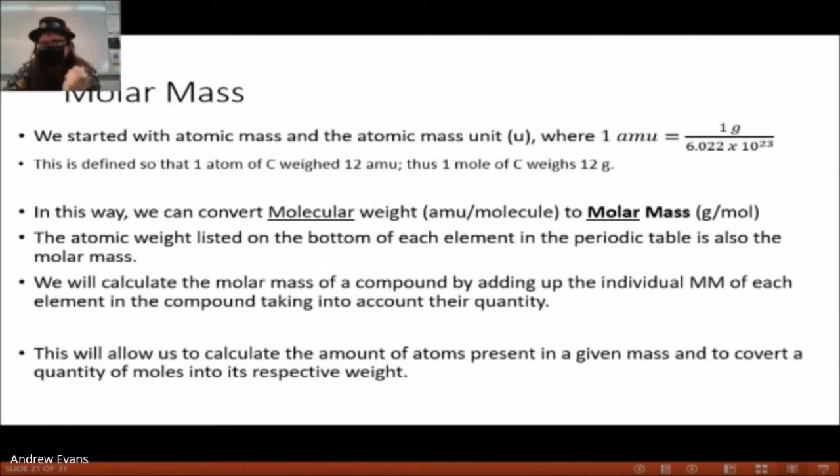Now, another thing we're going to focus on is molar mass. When we started off measuring atoms, we had an atomic mass, and they were weighed by atomic mass unit. It just so happens that the conversion of grams to AMU is 1 gram is 6.022 times 10 to the 23rd AMU.